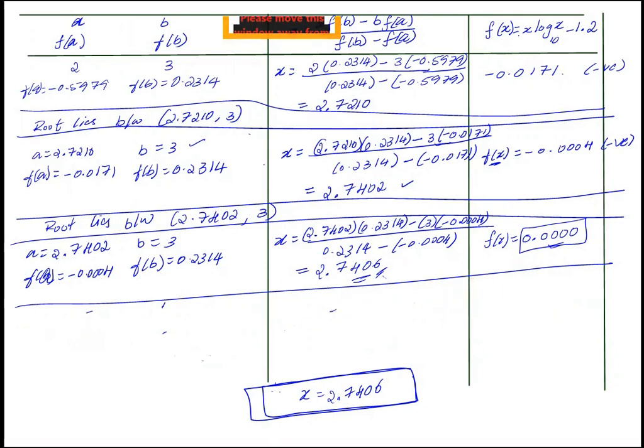Here only you got the answer. That is, f of x equal to 0 means you can stop and write the answer as 2.7406. Yes. Next problem.